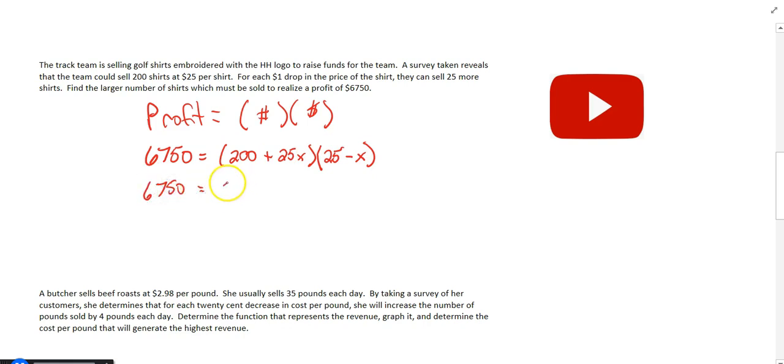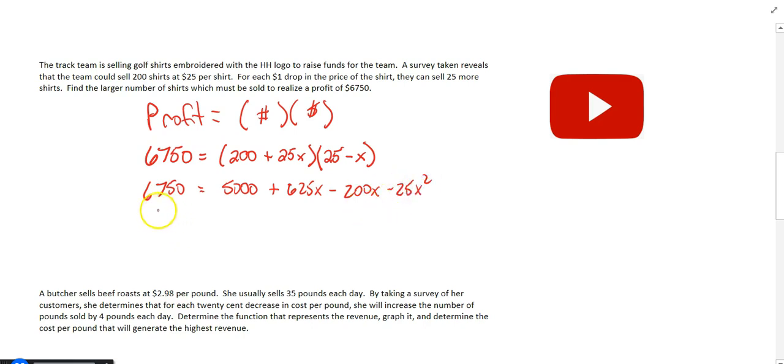6750 equals 5,000 plus 625x minus, then we have to multiply 200 times x, minus 25x squared.